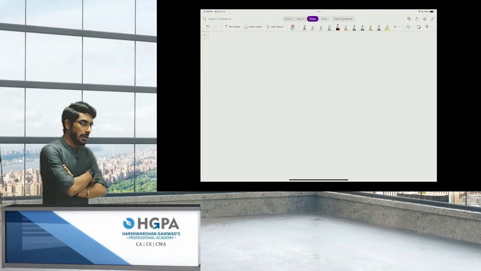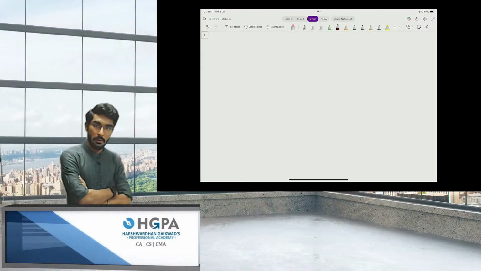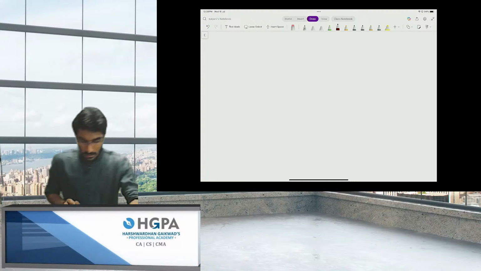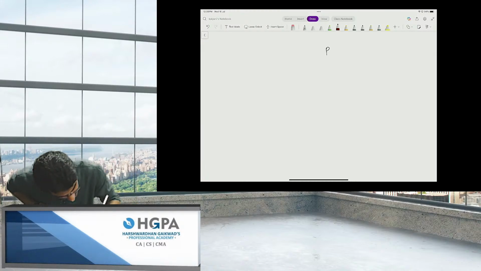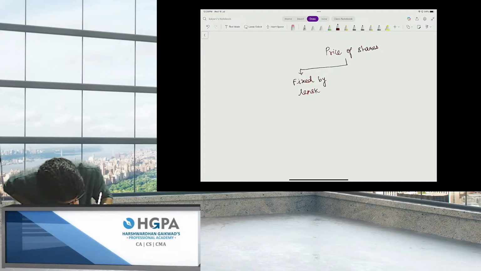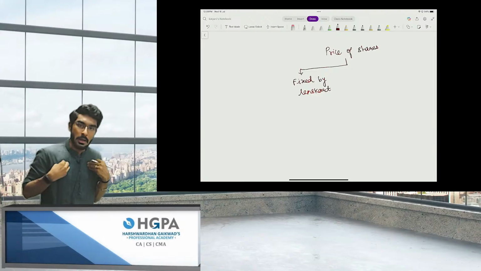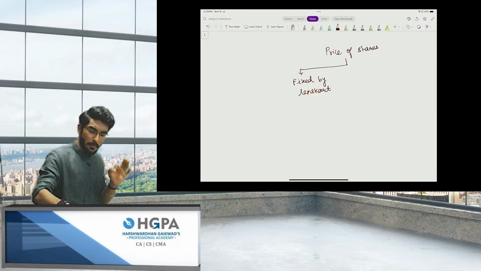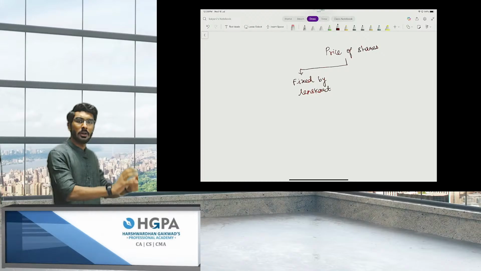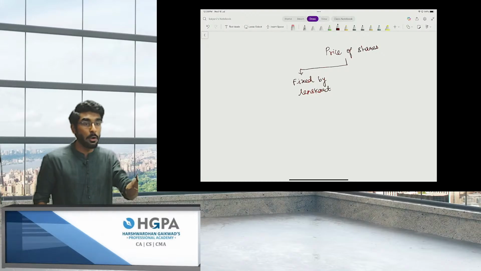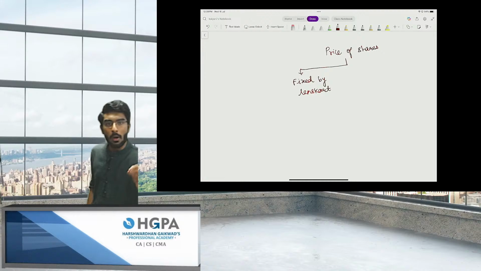If Lenskart is raising money in an IPO, you will assume that the price of shares will be fixed by Lenskart. Your first assumption would be that the price at which Lenskart wants to issue shares to the general public would already be fixed.